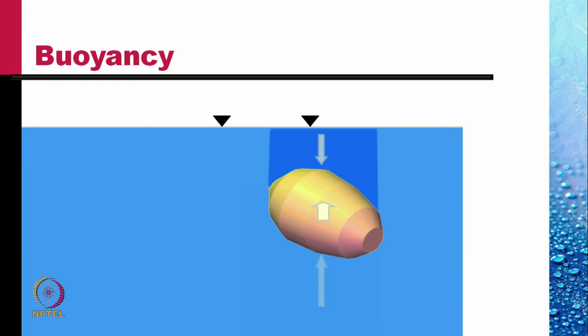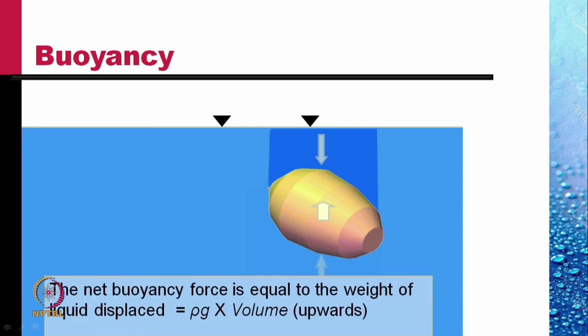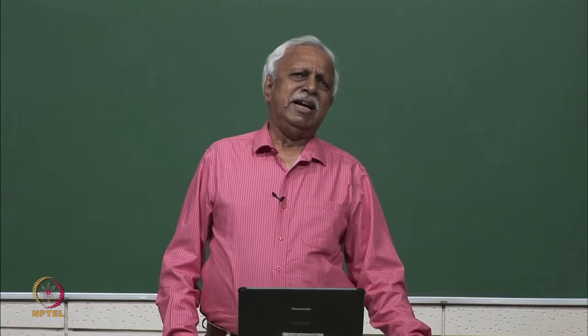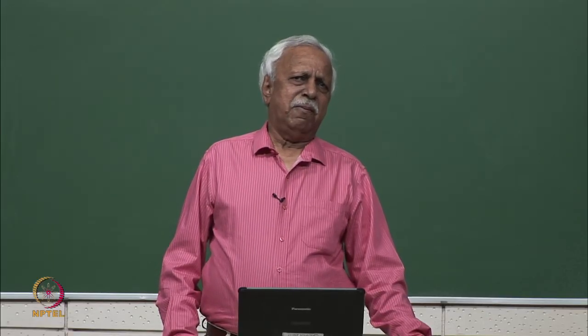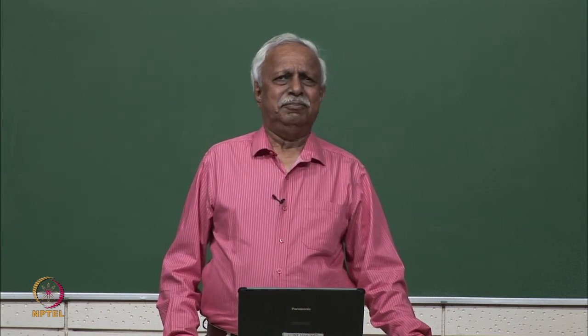The buoyancy force is equal to the weight of the liquid displaced, rho times g times the volume of the body itself, and it is upward. This is, of course, independent of the depth to which the body is suspended, if the density of the fluid does not change with depth.